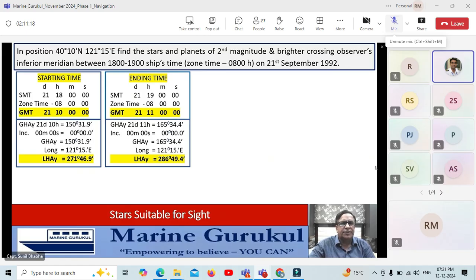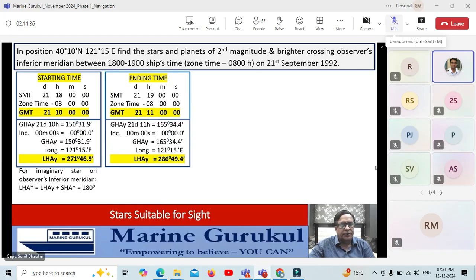Now we get the SHA of an imaginary star on observer's inferior meridian at the commencement of the interval and at the end of the interval, and same is obtained by equating the LHA of the imaginary star to 180.